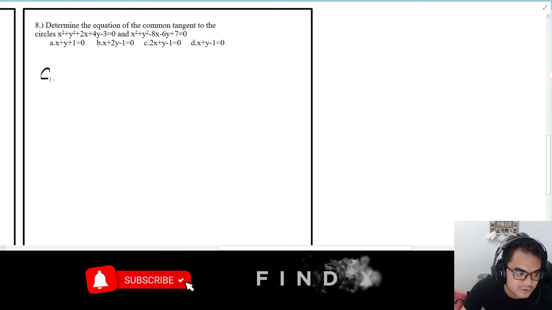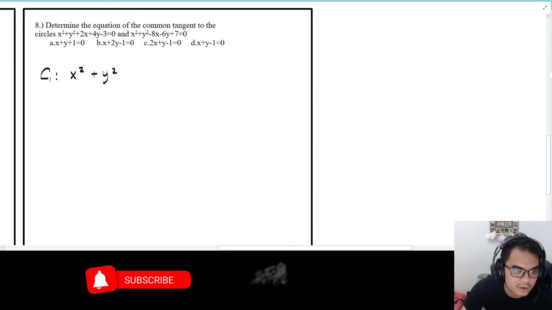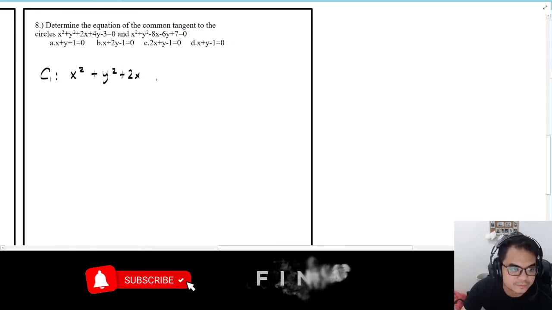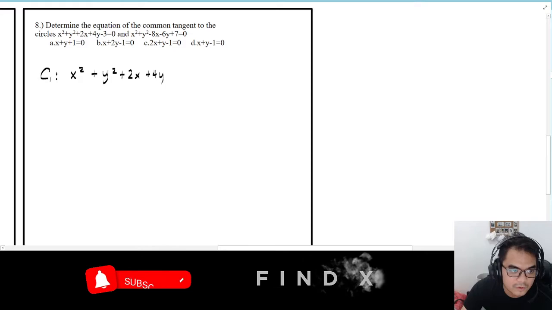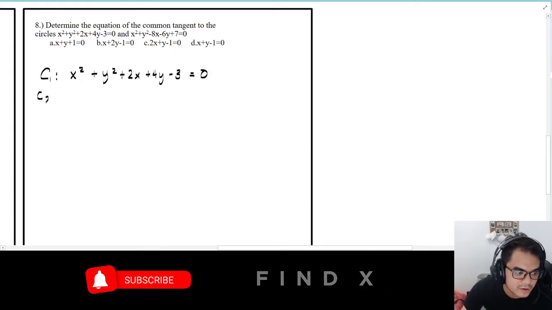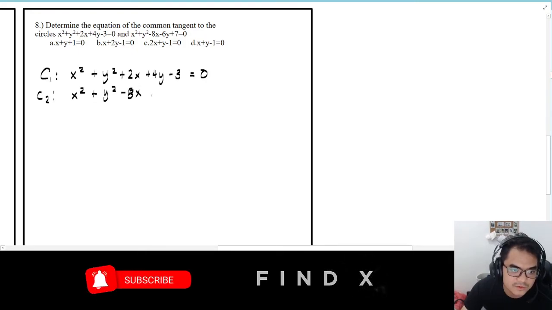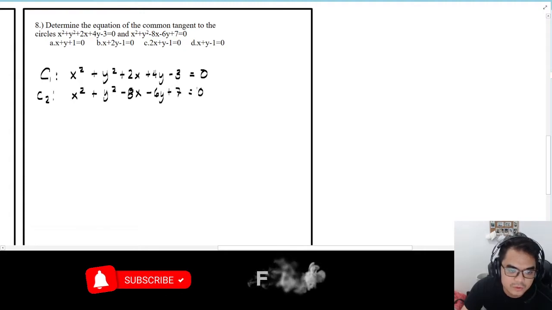So we have C1, or the first circle, is equal to x squared plus y squared plus 2x plus 4y minus 3 all equal to 0. And we have the second circle is equal to x squared plus y squared minus 8x minus 6y plus 7 all equal to 0.